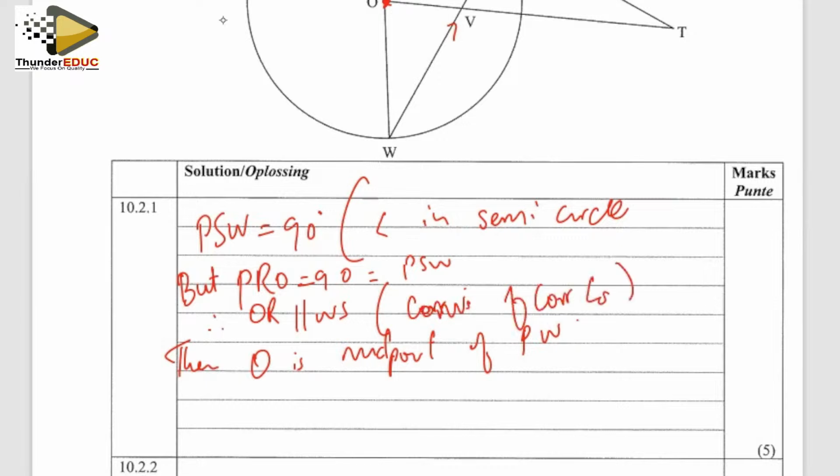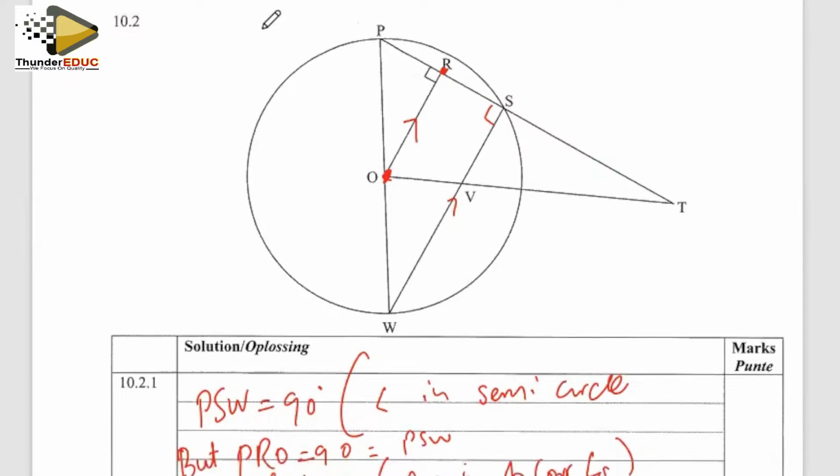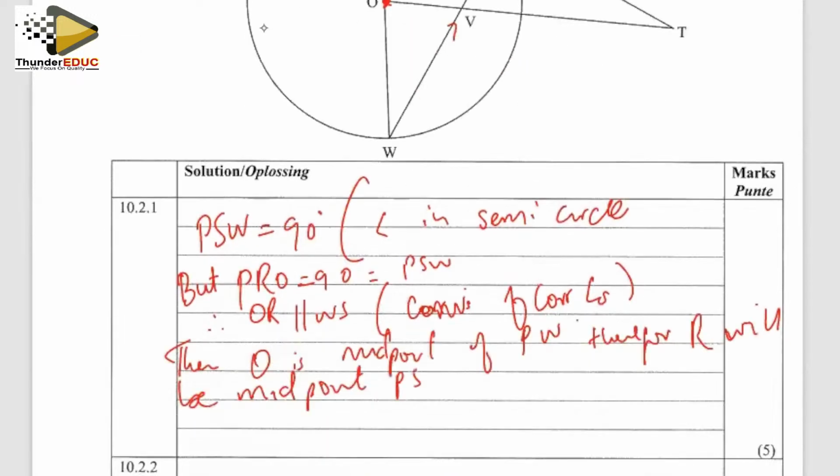Since O is the midpoint, therefore R will be the midpoint. R is going to be the midpoint of which line? Of PS. That is from the midpoint theorem, or from the proportionality theorem. Then we're saying that from the midpoint theorem, we know that OR must be a half.